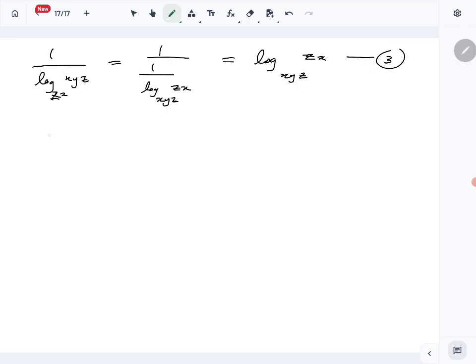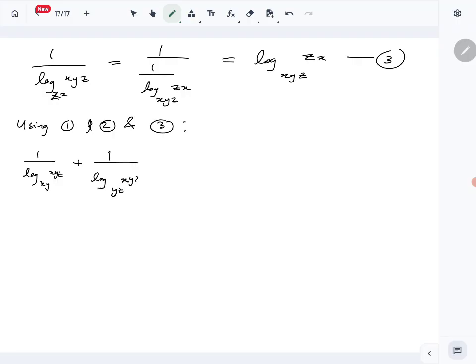So then, using 1, 2 and 3, we can rewrite the expression as what? 1 over log xy of xyz plus 1 over log yz of xyz plus 1 over log zx of xyz is equal to what?